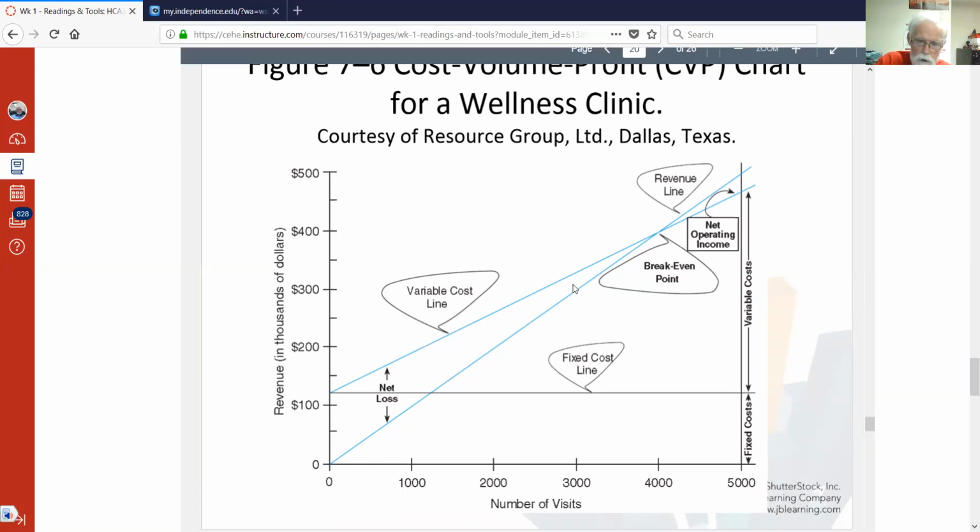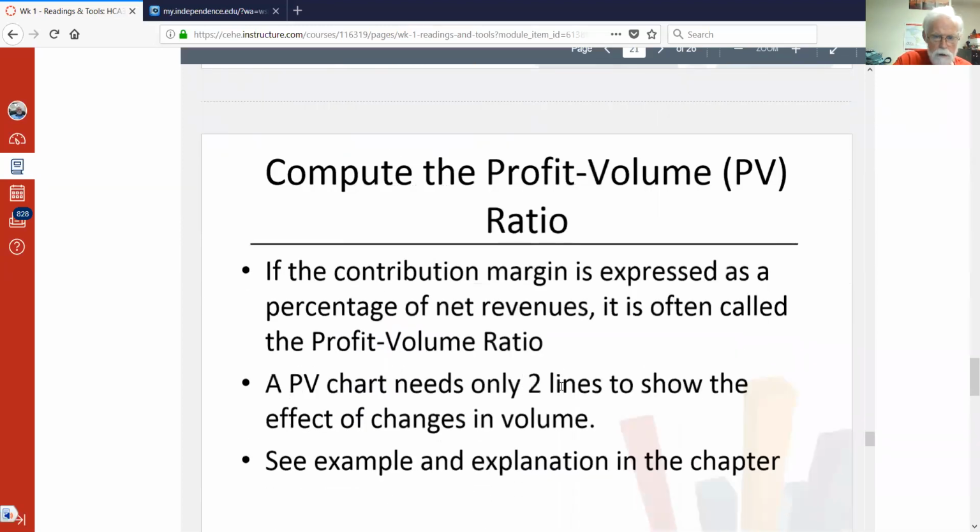If you look at this, our variable costs are in addition to our fixed costs. If, however, our variable cost line is actually below our fixed line, then we have some problems with profitability.